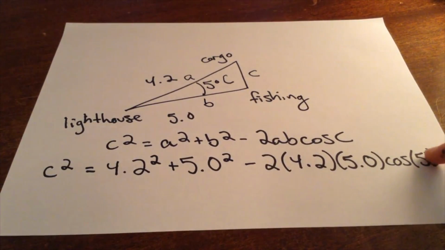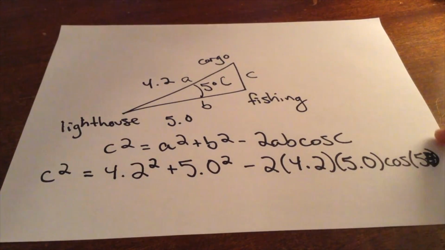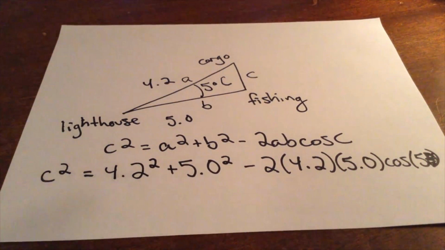So 5 degrees. And so then c, which is the distance between the fishing boat and the cargo boat, would just be the square root of this, which on the answer sheet is B. c equals the square root of 4.2 squared plus 5.0 squared minus 2 times 4.2 times 5.0 cosine of 5 degrees.